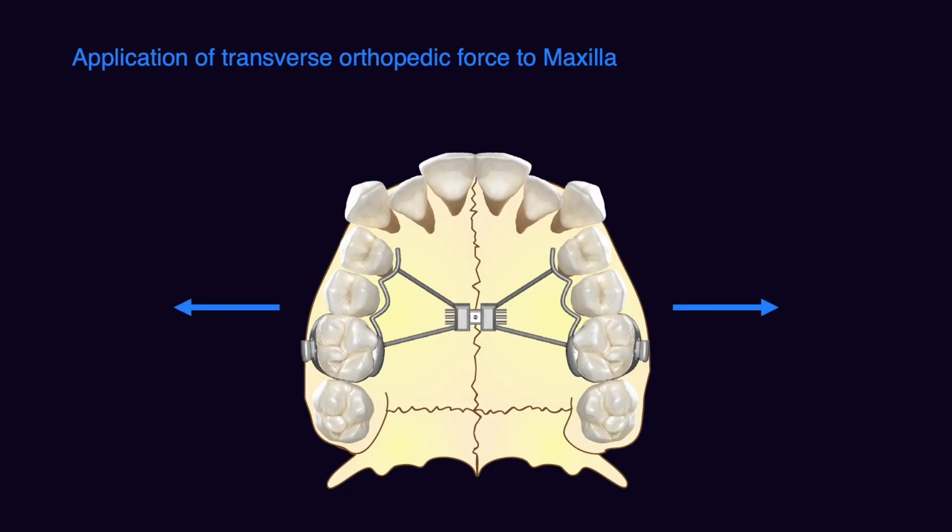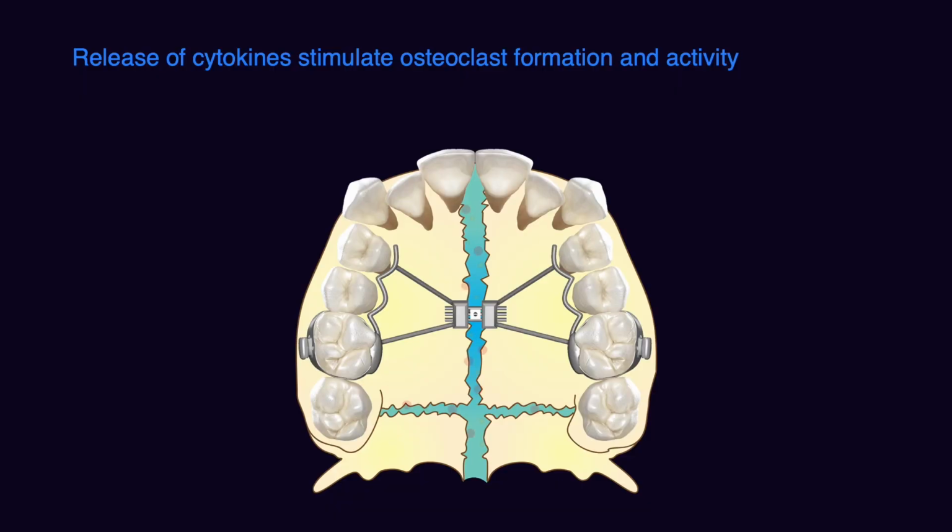When we are applying a transverse force to the sutures, no matter which suture we are studying, we can track an inflammatory response as soon as the force is applied. In other words, we have a response to trauma. The release of cytokines, the inflammatory markers, is followed by activation of osteoclasts.